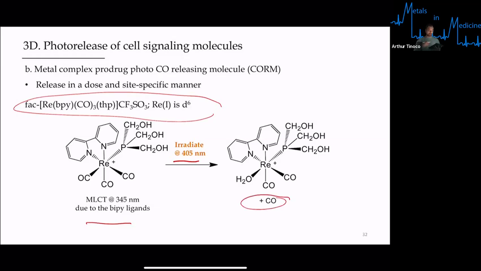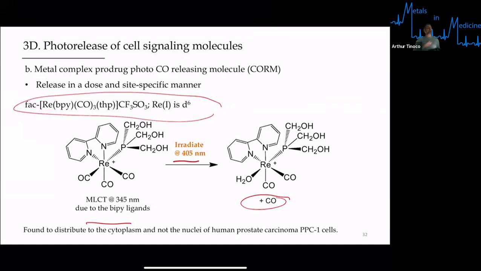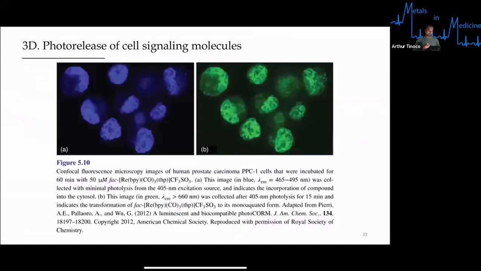So no longer a coordinated ligand. All right. It was found to distribute to the cytoplasm and not the nuclei of human prostate carcinoma PPC1 cells. So here's just a representation within the cellular environment. What we're looking at here is a confocal fluorescent microscopy image of those PPC1 cells, where you have a 50 micromolar dosage of the compound.